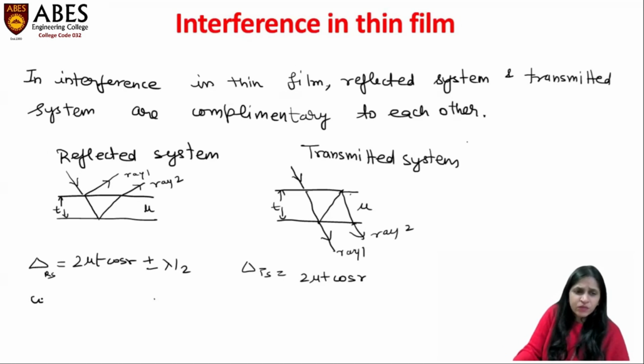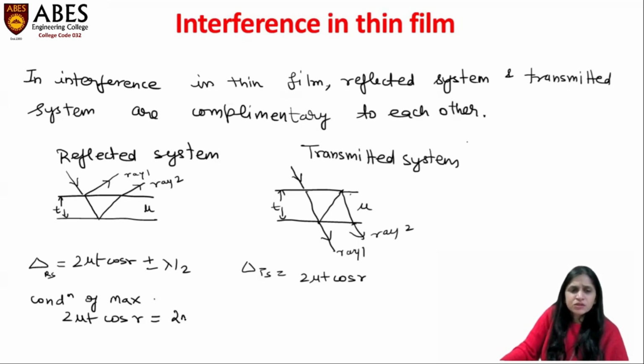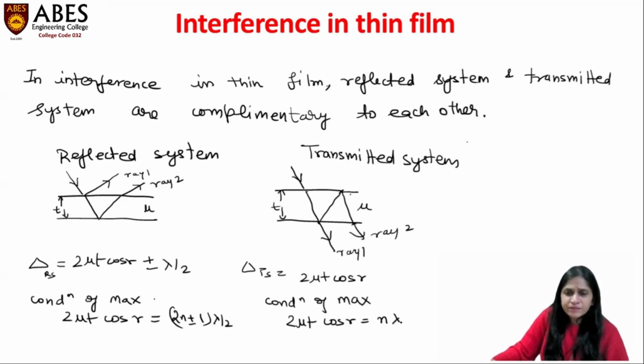So in this case, what is the condition of maxima? For the reflected system, the condition of maxima is 2 mu t cos r equals (2n plus minus 1) lambda by 2, and the value of n depends on whether we are taking plus or minus. In the case of the transmitted system, the condition of maxima is given by 2 mu t cos r equals n lambda.